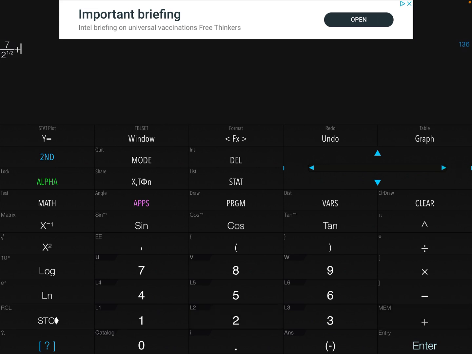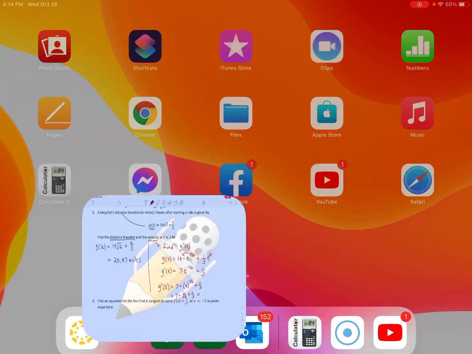Okay, and then plus 1/3. I lost my fraction bar. So silly. Just to be careful, let me put parentheses around 1/3. I just want a decimal answer. So 5.283.